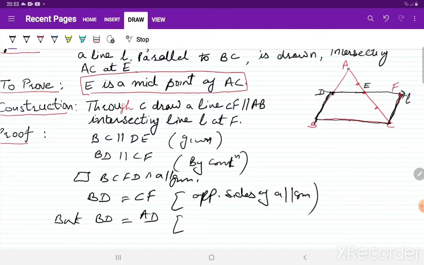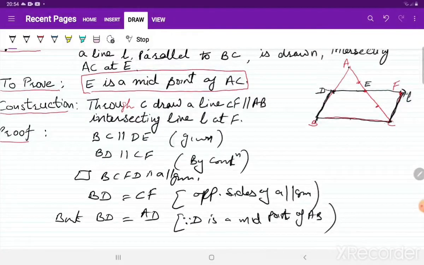It's because D is a midpoint of AB. It's given. Now, I'll take these two triangles: triangle ADE and triangle CFE.